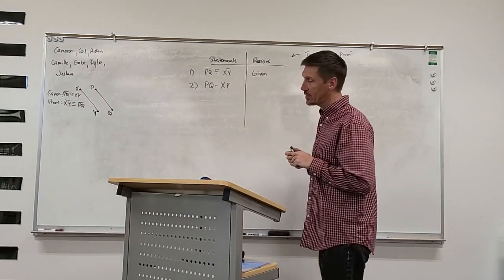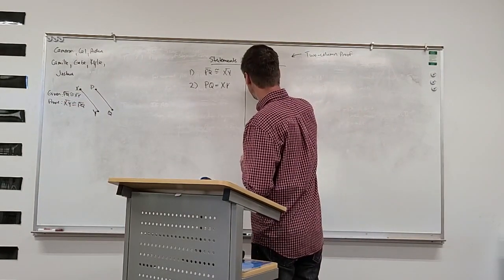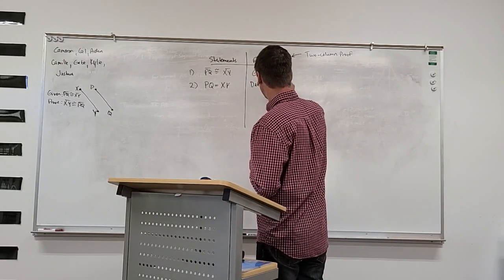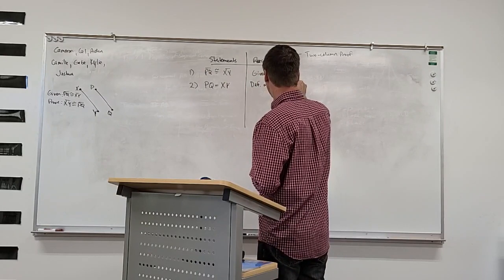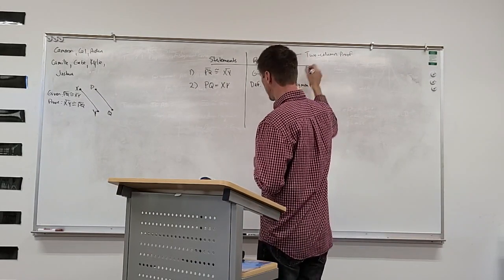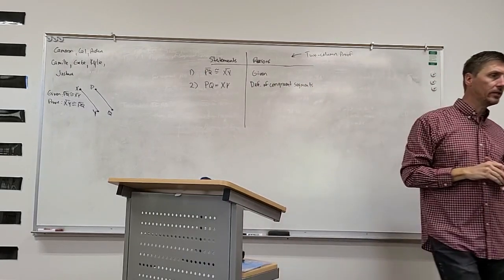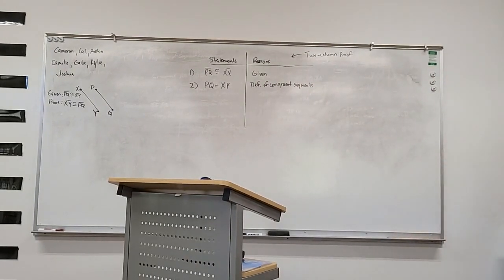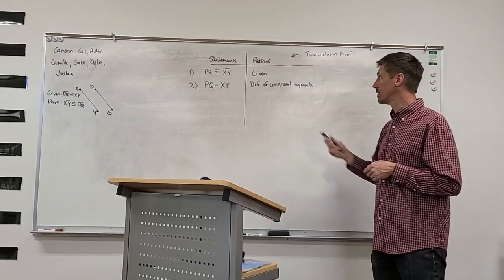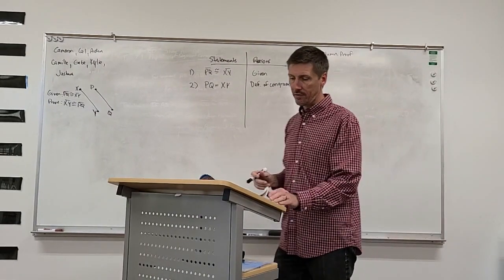And the reason I can say that is because this is what the definition of congruent segments tells us. By definition, if 2 segments are congruent, their measurements are equal. This is just because of the definition of congruency.